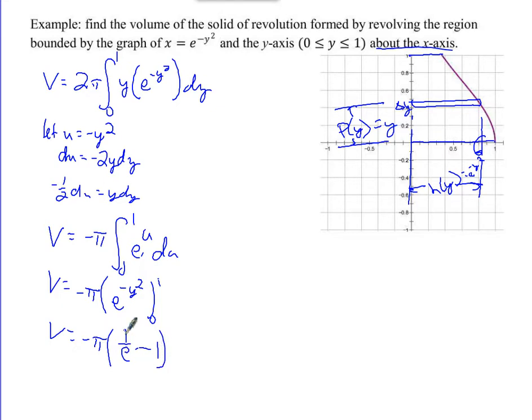So if I distribute that negative sign in, that will switch these two, and it'll be 1 minus 1 over e, which is also positive. So I get v equals positive pi times 1 minus 1 over e as the simplest answer. And then if you wanted to, you could approximate that. We can type that into our calculators. What do we get?